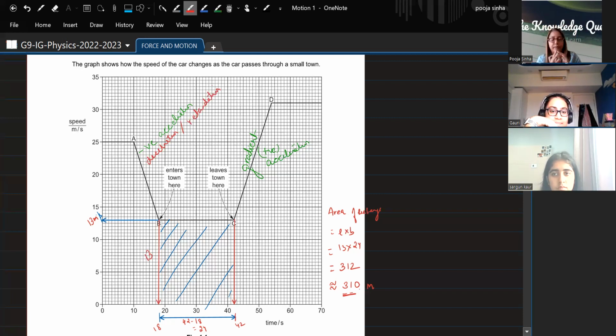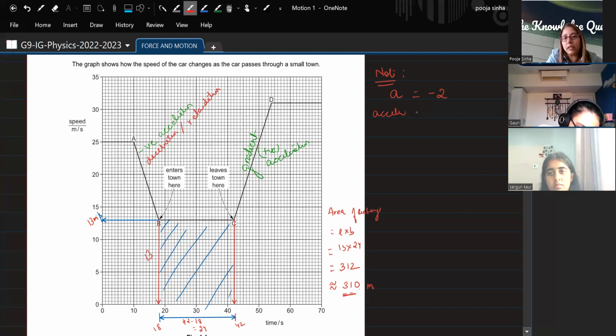Now, one very important note. Please note it down. A common mistake again. A is the symbol of acceleration. Suppose a came out as -2. So what do I say? The acceleration is -2. That's my answer, right?